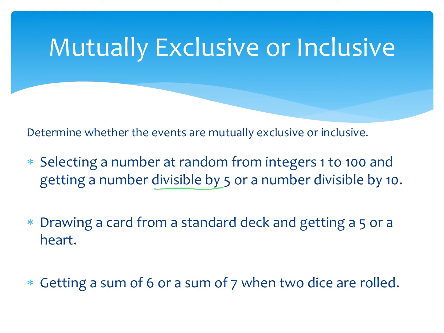Our first thought is, can a number be divisible by both 5 and 10? The answer is yes. So there is an option where these two events overlap, which means this will be an inclusive event, because numbers can be divisible by both 5 and 10.